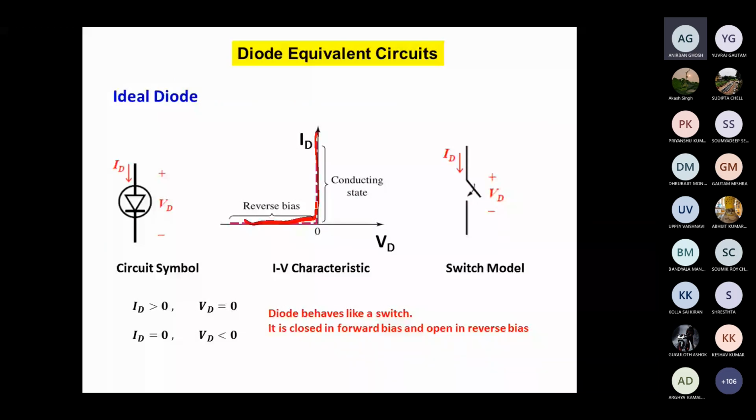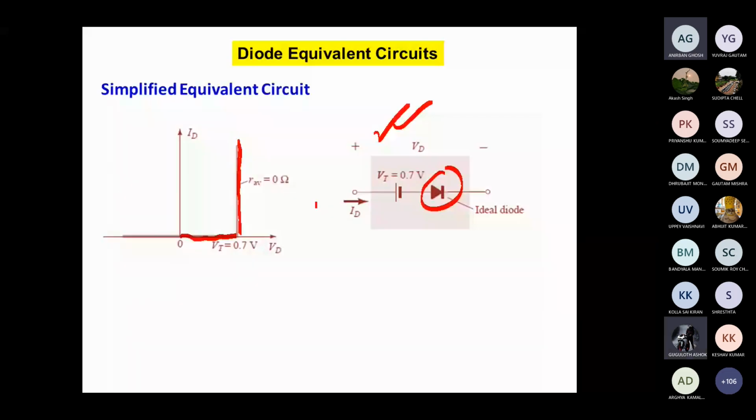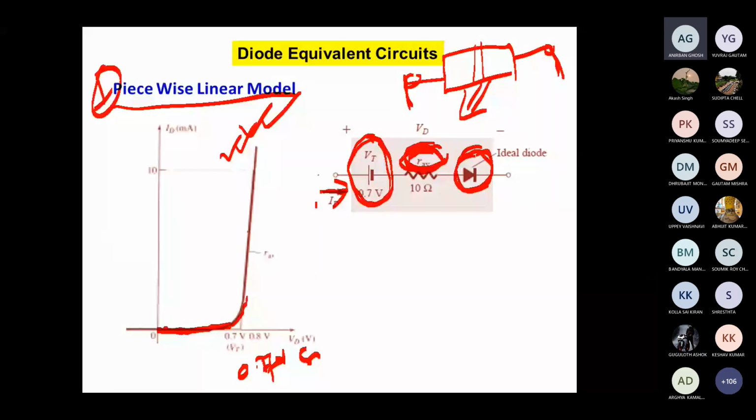Sir, one second, please repeat: why is the resistance removed in the simplified equivalent circuit compared to the previous piecewise one? VT and the ideal diode came next.